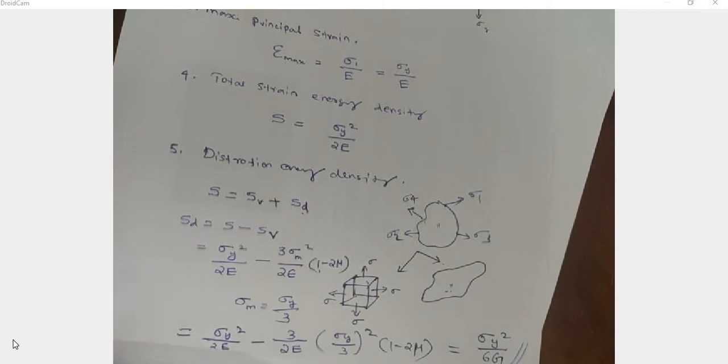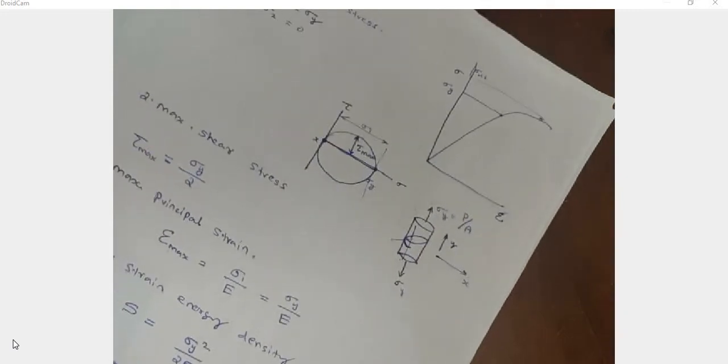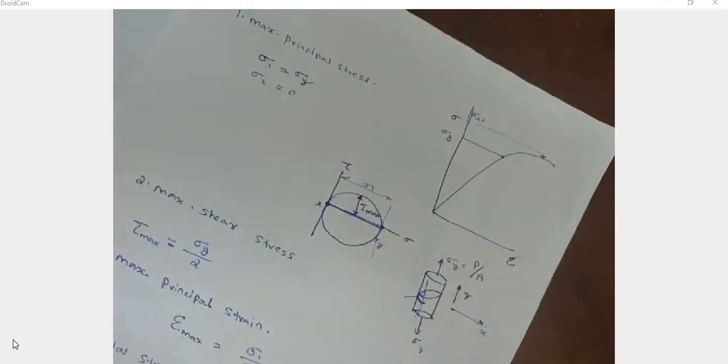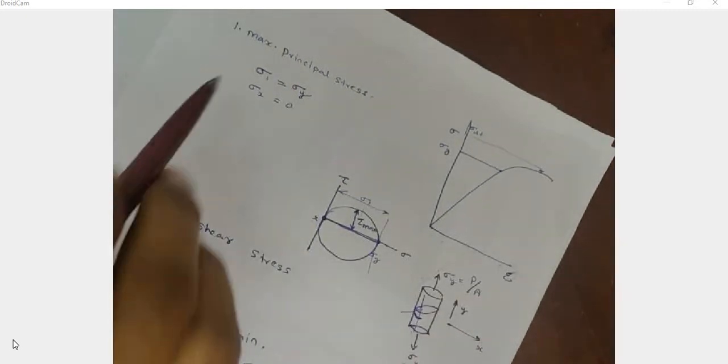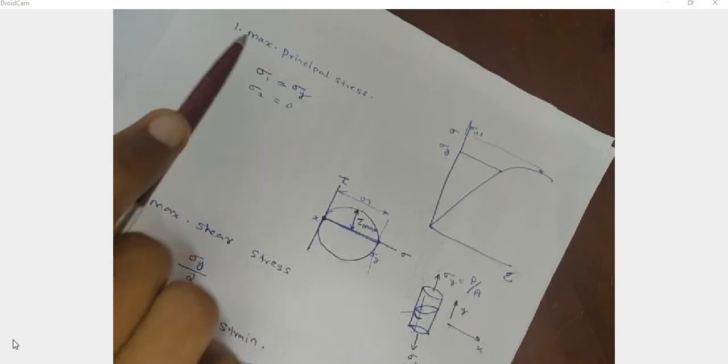When the body is subjected to this uniaxial stress, the yielding of the body may be based on maximum principal stress, or maximum shear stress, or maximum principal strain, or strain energy density, or distortion energy density.